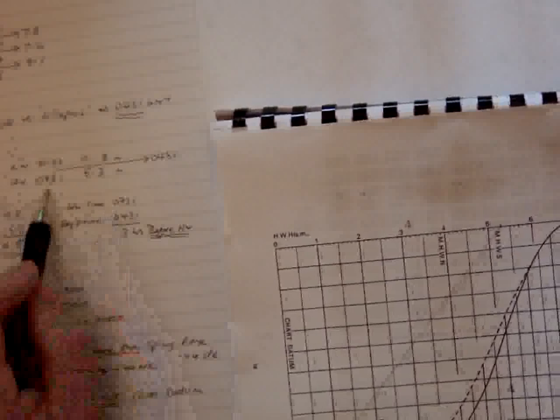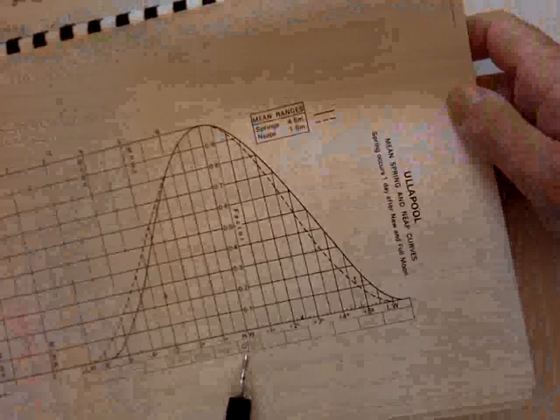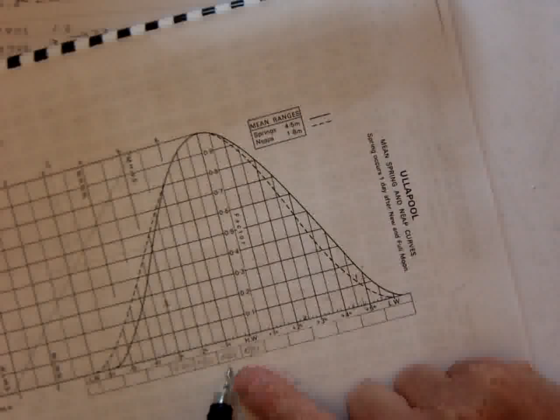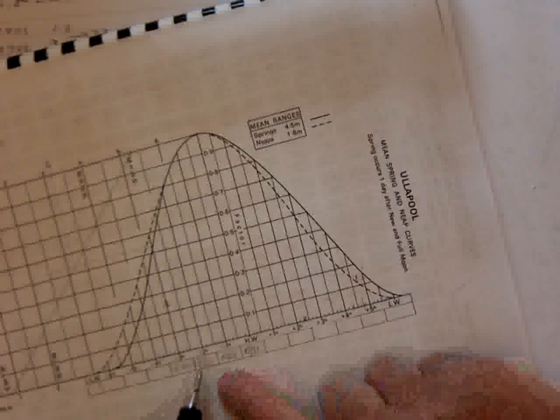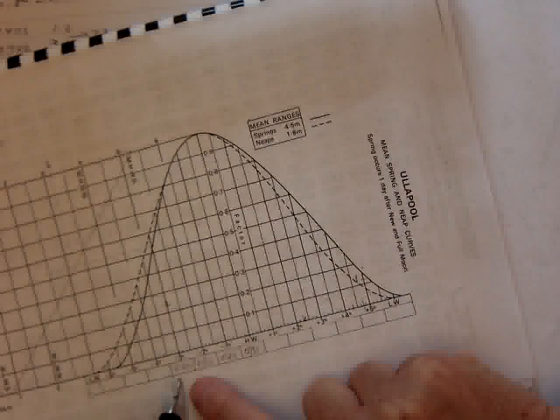Our high water time we have here is 0731. So we can write in at the bottom of this graph here, high water 0731. The time we want is 0431. So high water is 0731, minus 1 hour is 0631, minus 2 hours 0531, minus 3 hours 0431.